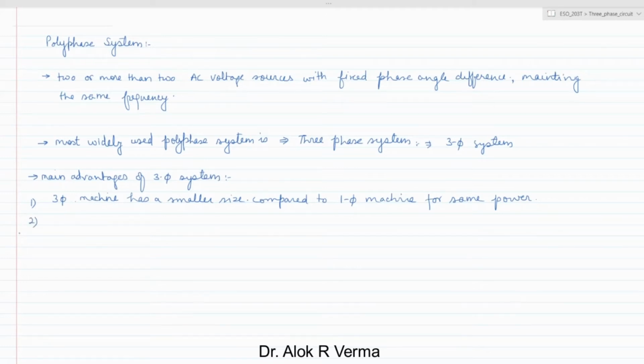Size reduces, so the machine will be less bulky, and it is an economic approach to get the same power with a reduced size.